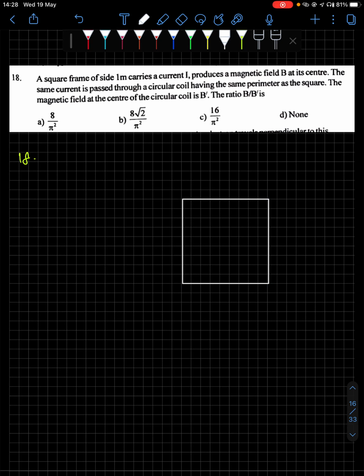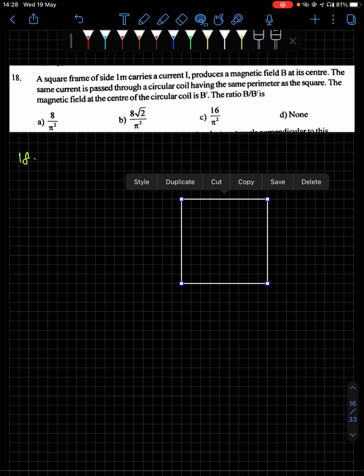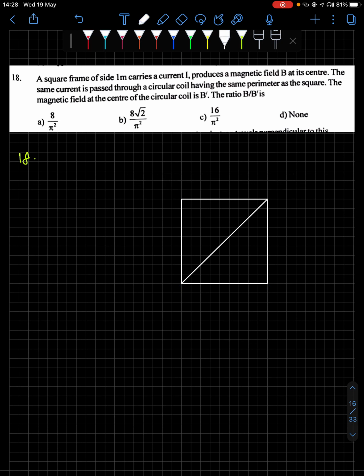So this is the square, right? So I'll draw the diagonals. So this is the square. Now let these lengths in red be of length A, and this particular length will be required.